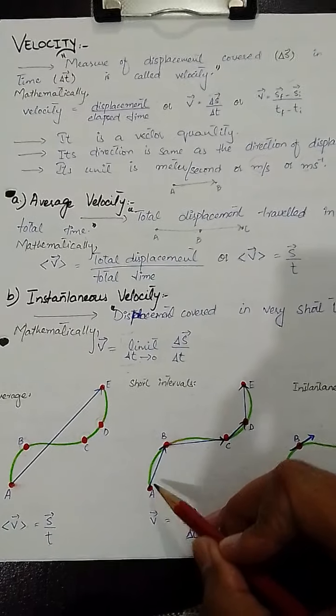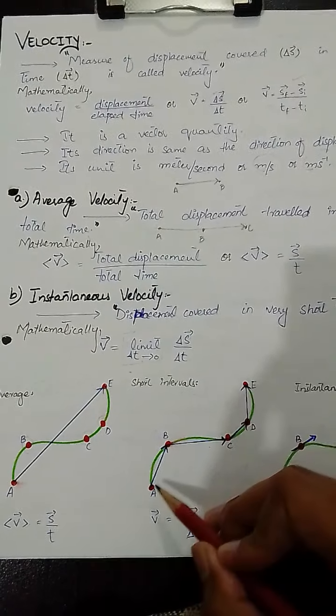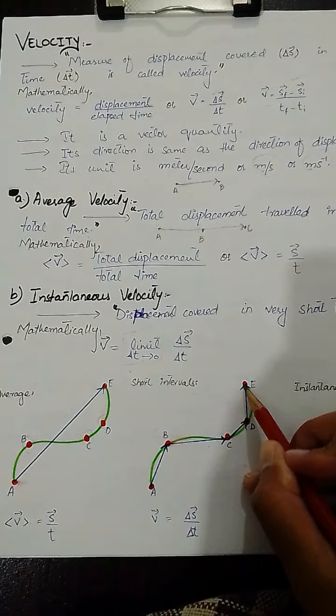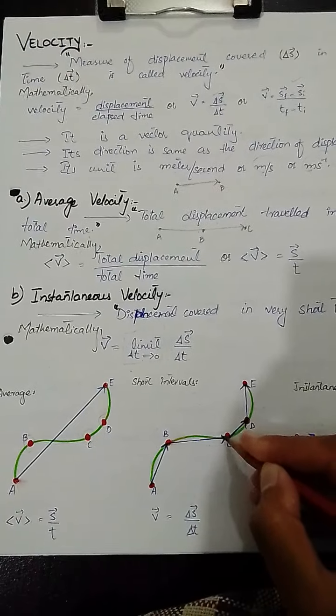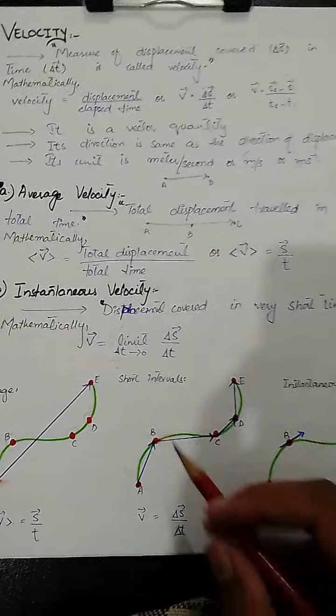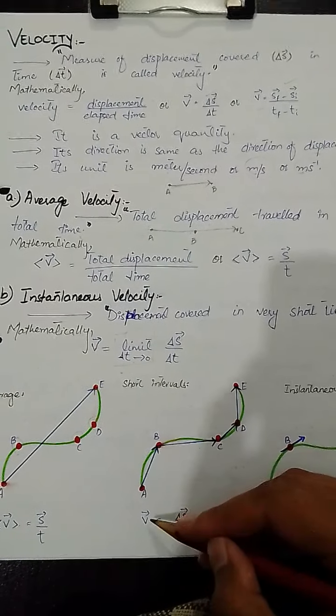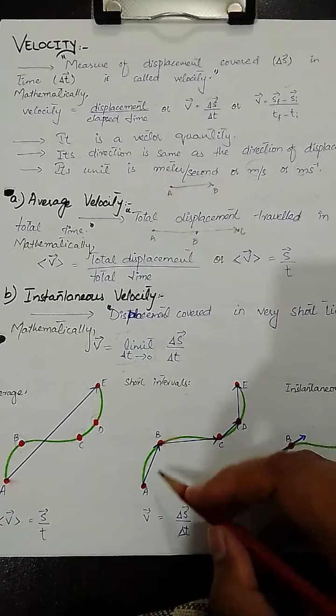Okay, so in this case हम अपने पूरी जर्नी को small displacements में डिवाइड करते हैं. हमने A से लेकर E तक जर्नी कंप्लीट की, बट हम सबसे पहले A से B पर गए, फिर B से C पर, फिर C से D पर और D से E पर. इन दिस केस हम A से B पर भी वेलोसिटी फाइंड करेंगे, B से C पर भी, C से D पर भी, D से E पर भी, राइट?